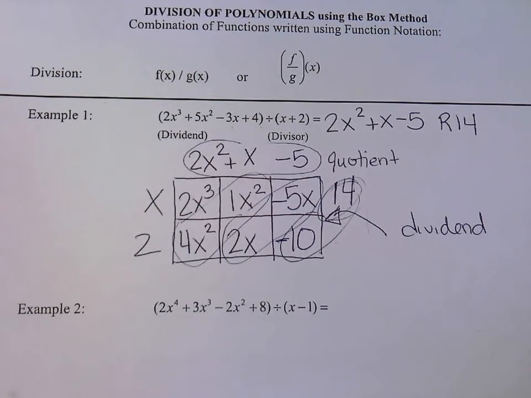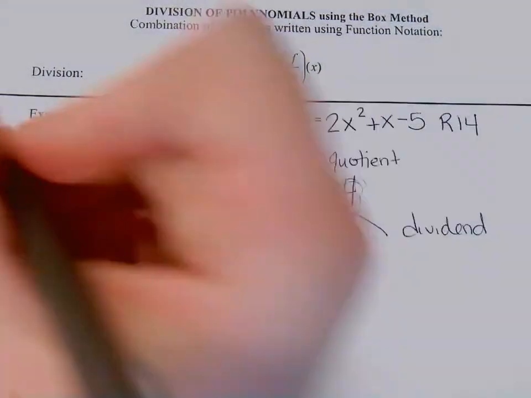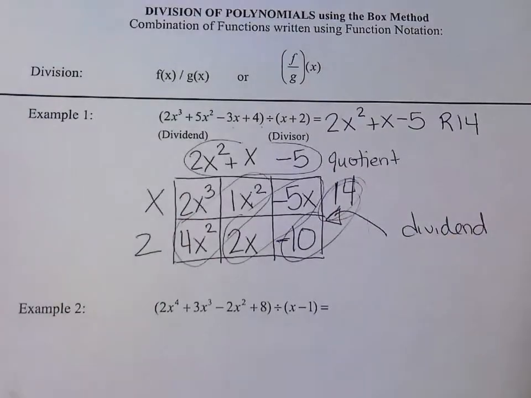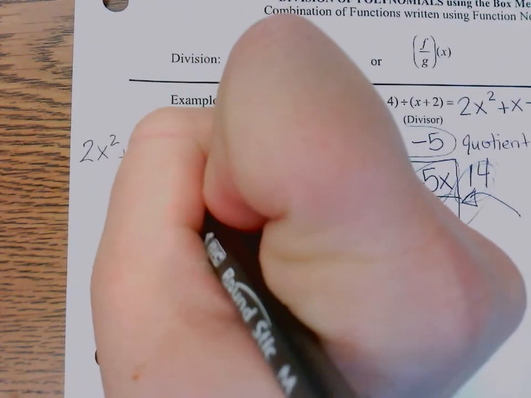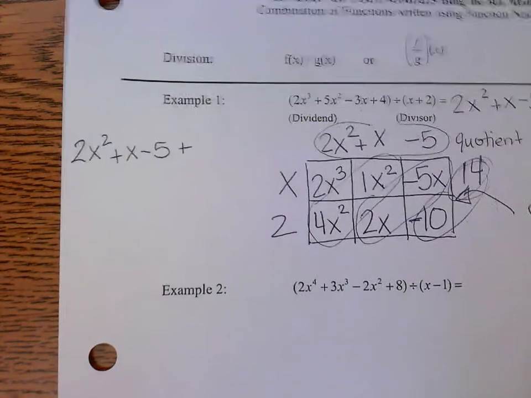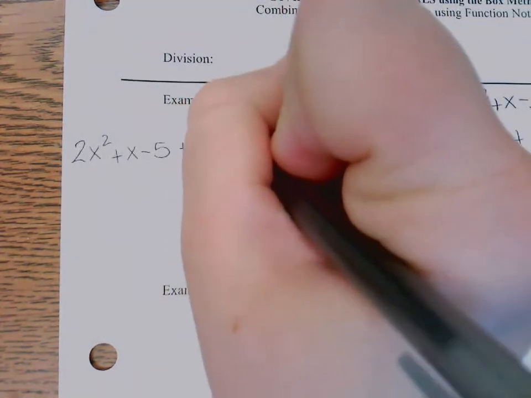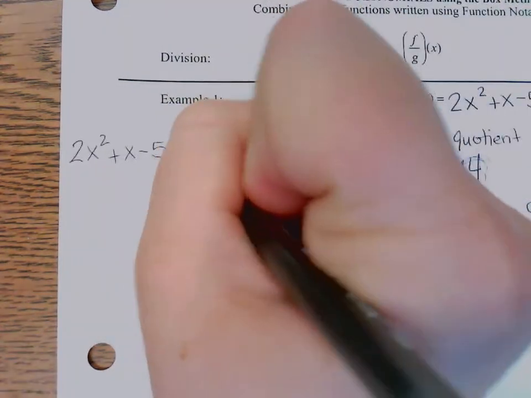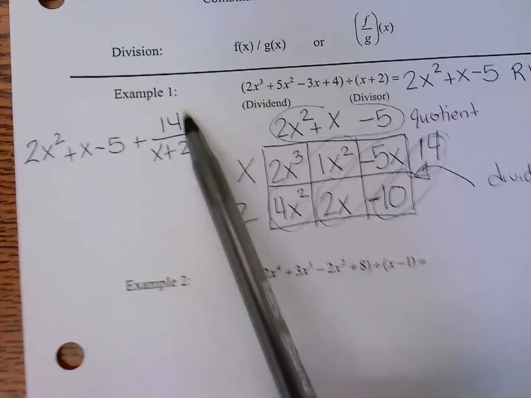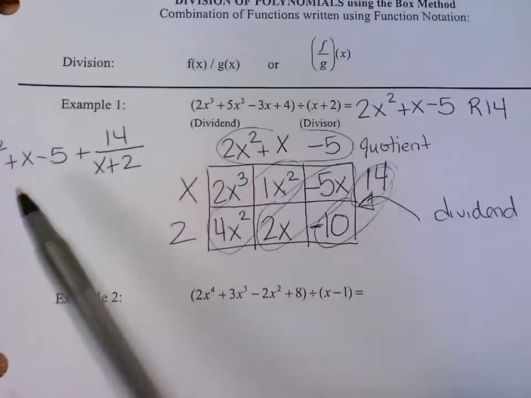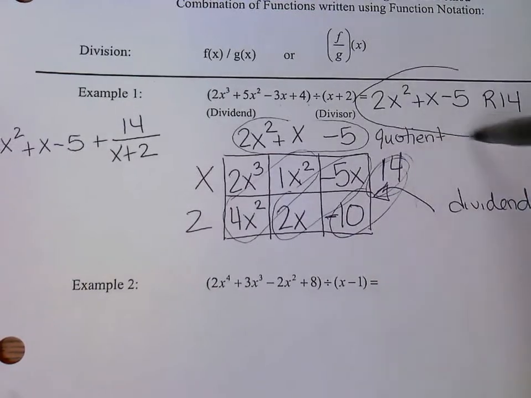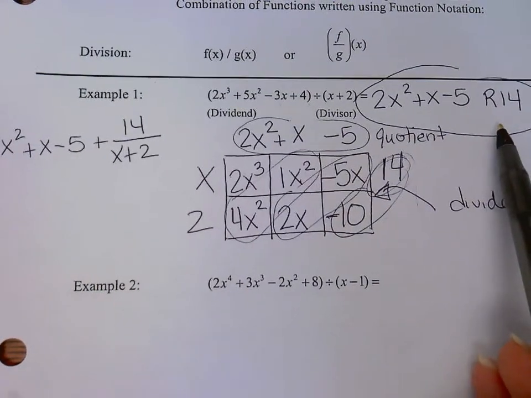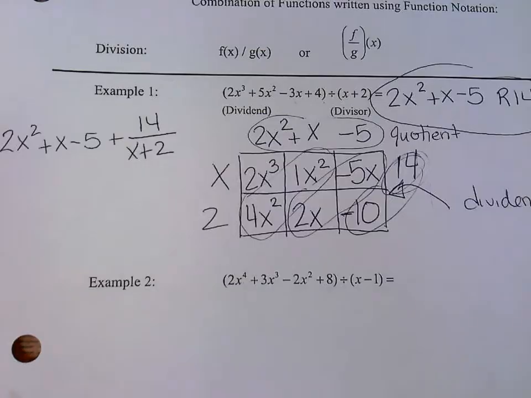And just another FYI, another way that you could write your answer is 2x squared plus x minus 5. Instead of writing an r, you can write your remainder divided by your divisor. So 14 over x plus 2 is the same as writing remainder of 14. So you can choose how to write your answer. That's acceptable for me because we're just barely learning division for the first time.